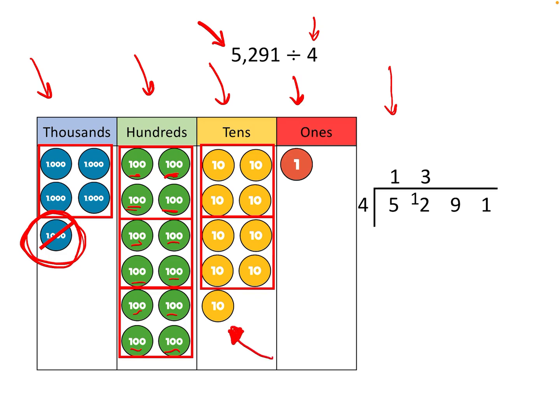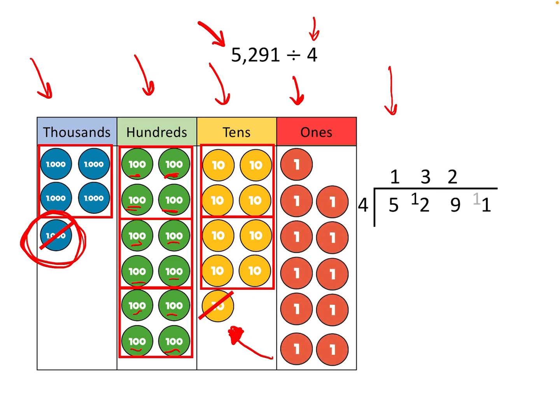Remember what we do with our one that's left over? We exchange that for 10 ones. Now we've got 11 ones. We've got 10 ones plus the one that was already there. How many groups of 4 are in 11 ones? 1, 2, that's it. But we've got 3 left over. 3 that didn't quite fit into a group this time, because we need 4. And these are our remainders, these ones here.